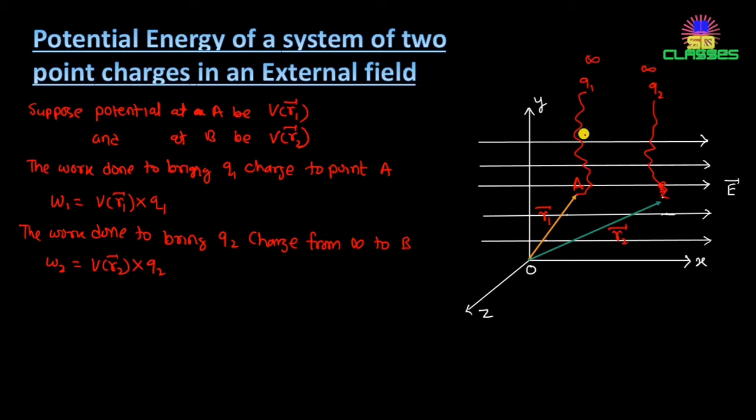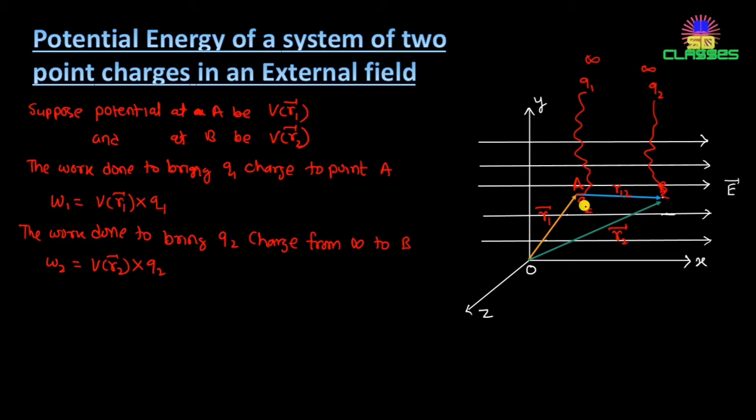Now the question is, the first charge has already arrived before the second charge. So while bringing this charge, q1 is also already present here, right? Now due to q1 we have an extra electric field here, not this external electric field, and the distance is r12.